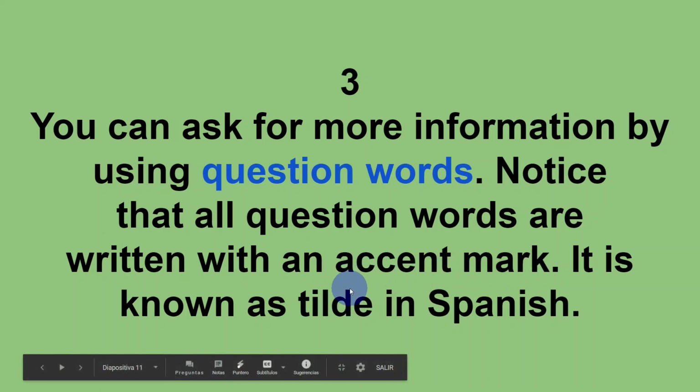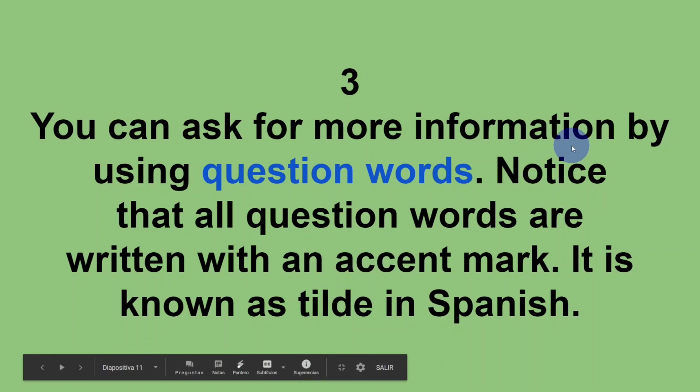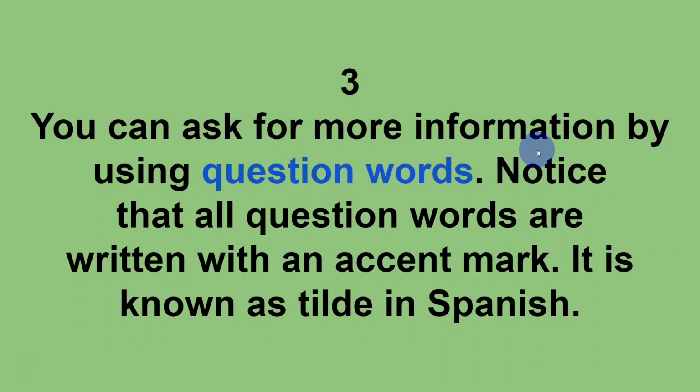Some people call it acento ortográfico, acento diacrítico. It just depends, okay? But for now, we're going to call it tilde. So what are those question words that we're talking about? Well, we're going to learn them right now. Let's go on.